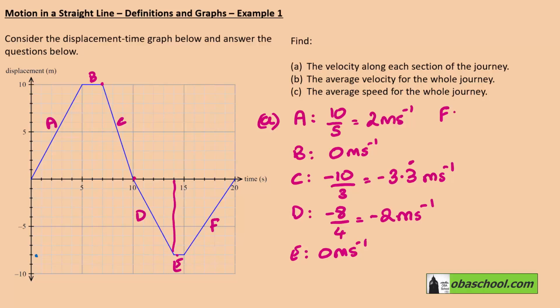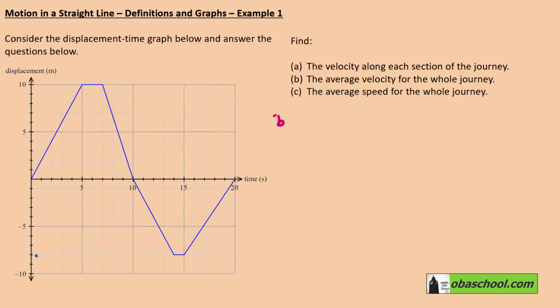And if we look at section F, that's 8 meters because it's going from -8 to 0. And the length of time there is 5 seconds. So that's 1.6 meters per second.